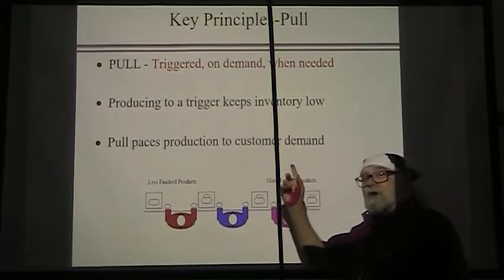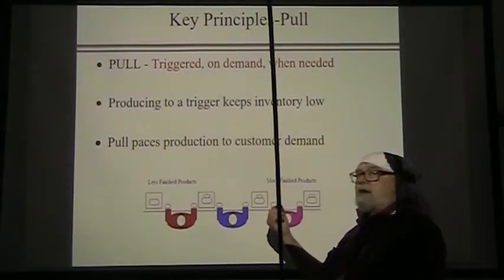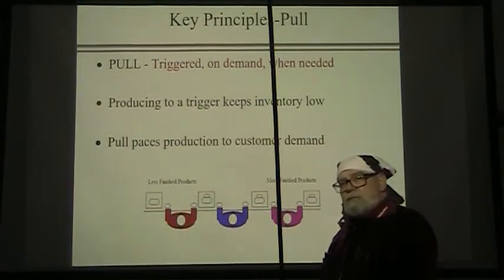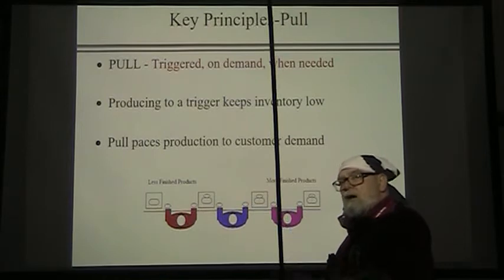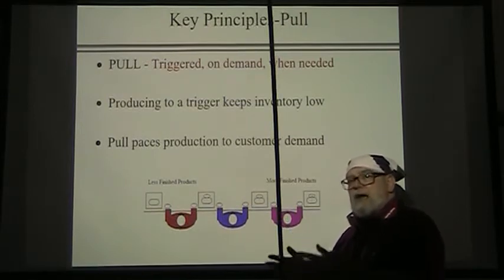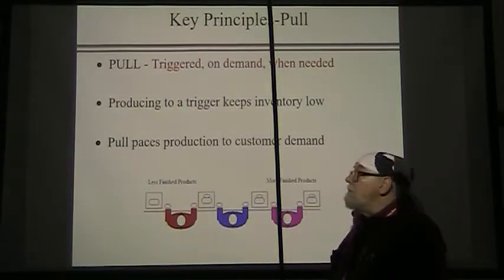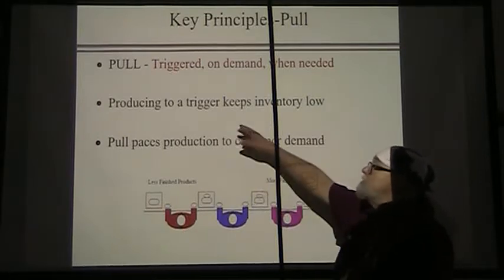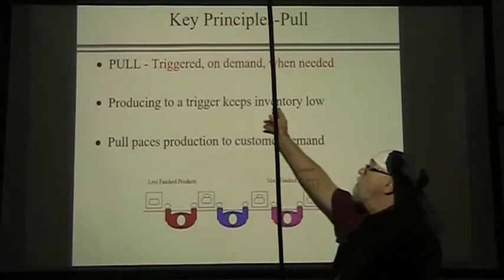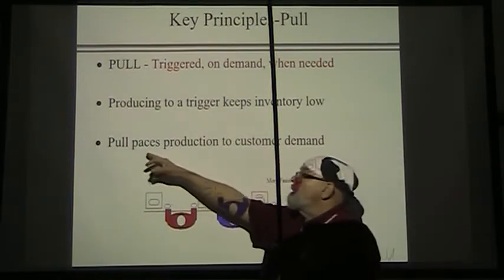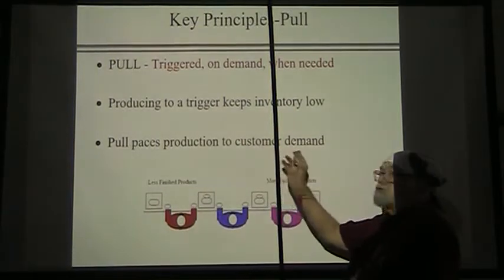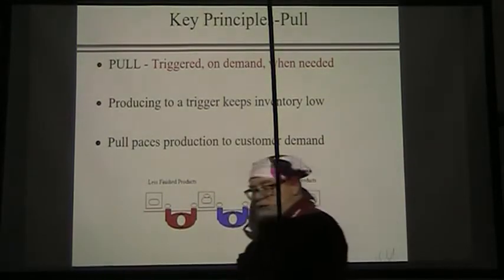In contrast, pull is the idea of letting the pace of demand dictate how fast we're going to make things. So using triggers, we keep our inventory low. It paces production to the customer demand.